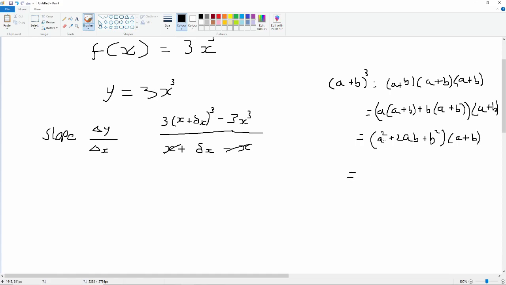And then again we can distribute that out, so that's a squared times a plus 2ab times a plus b squared times a plus a squared times b plus 2ab times b plus b squared times b.